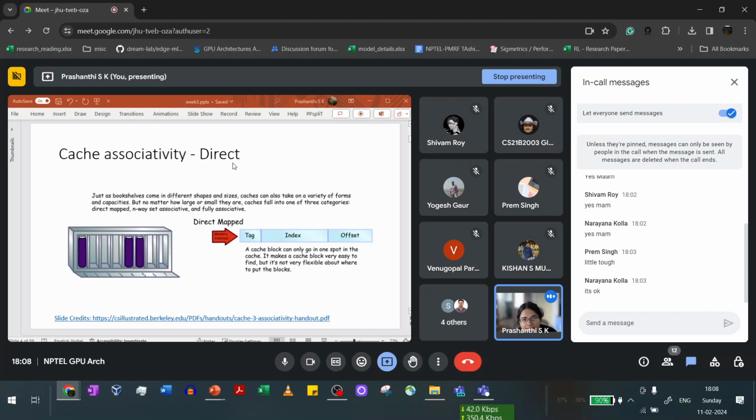So direct is the simplest form of cache mapping. A cache block can go in only one spot in the cache. So it makes the cache block very easy to find, but it's not very flexible about where to put the blocks. If you have a particular block, or a book in this case, it can go into only one spot in the bookshelf. That's what direct map tells you.